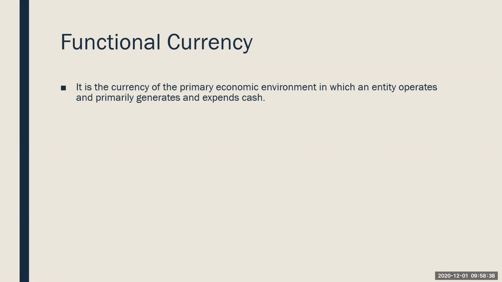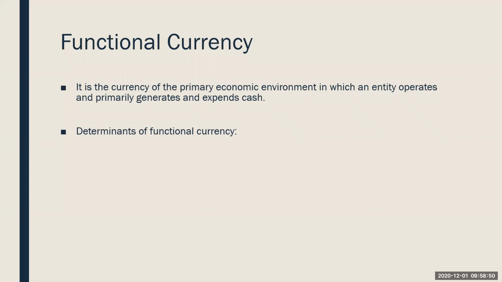We begin with a look at the definition of functional currency. Functional currency is the currency of the primary economic environment in which an entity operates and primarily generates and spends cash.